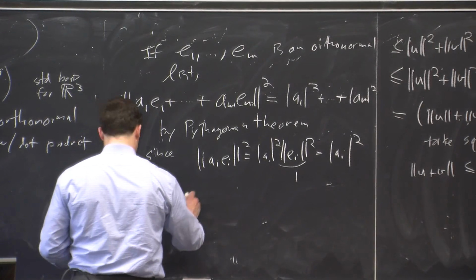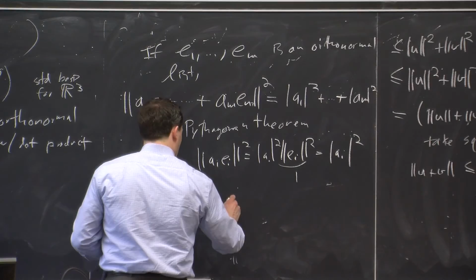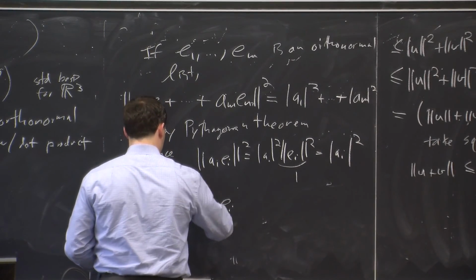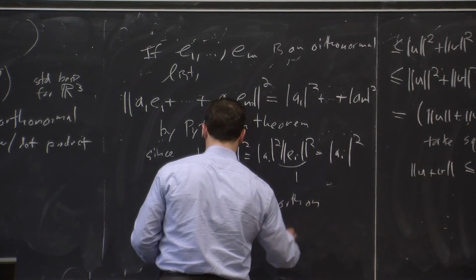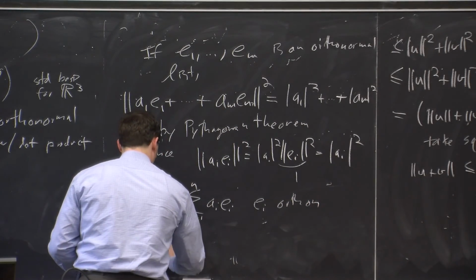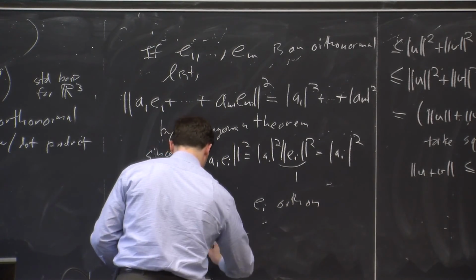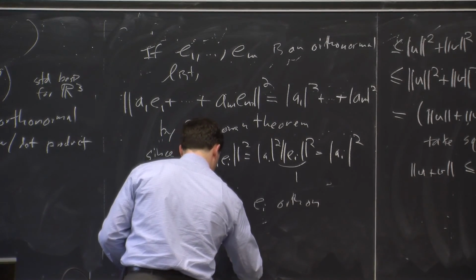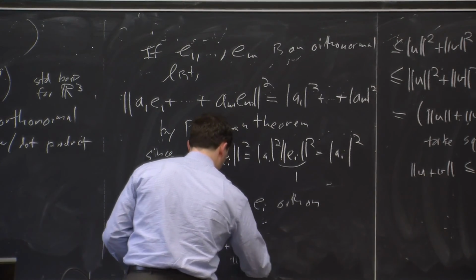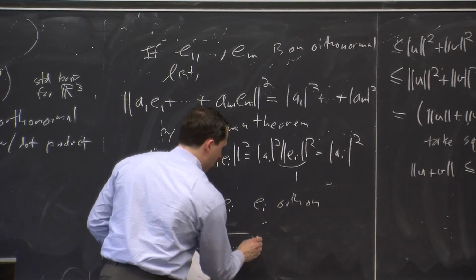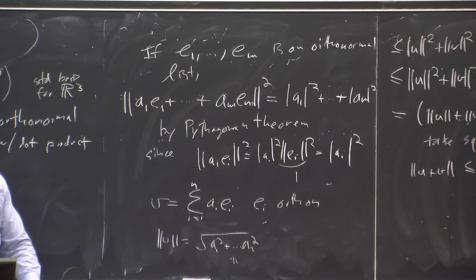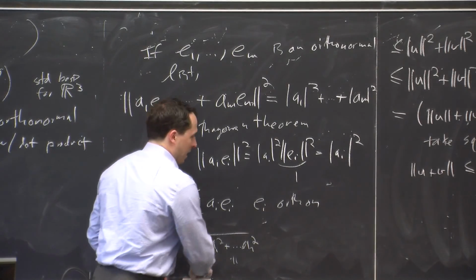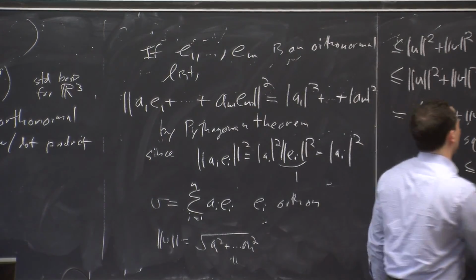So whenever we can write v as a sum of ai ei with the ei orthonormal, then the norm of v is the square root of the sum of the squares. It's also easy to see that an orthonormal list is linearly independent.